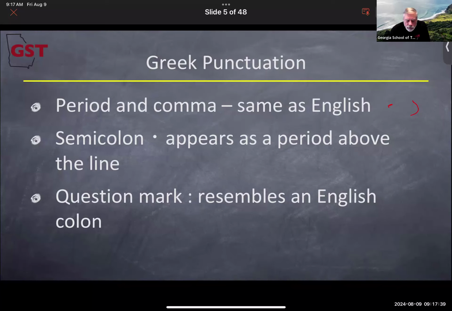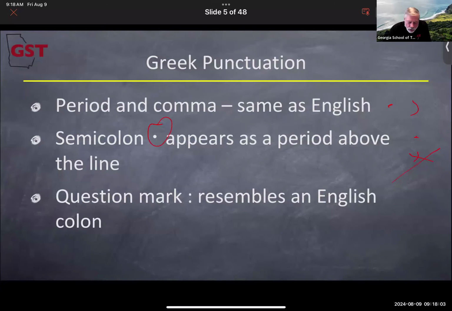A semicolon in English is like this, right? That's not a semicolon in Greek. A semicolon has the little raised dot, okay? It's like the semicolon without the comma underneath. That's all it is. So you don't want to be confused. Well, it's pretty easy when you see the raised dot. It is a semicolon, okay?